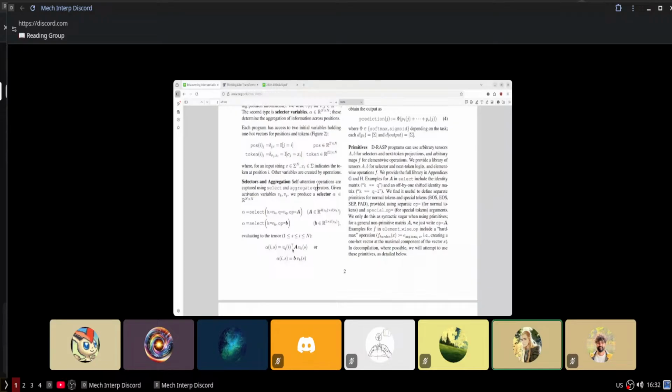Evaluating the tensor: alpha, yes, a vqi transpose a vqs. I haven't gotten there yet.